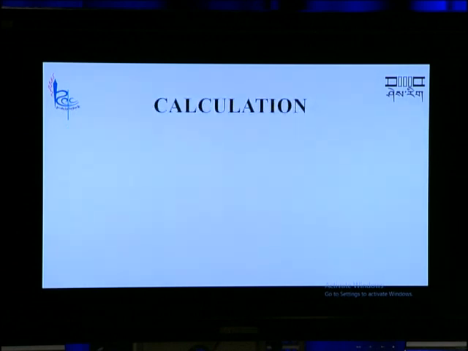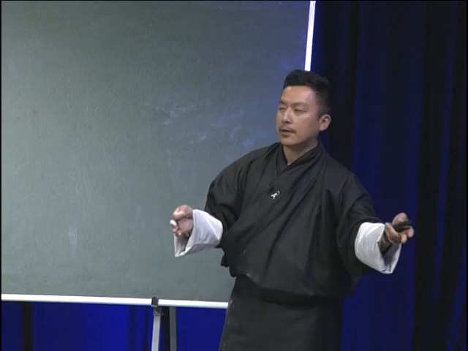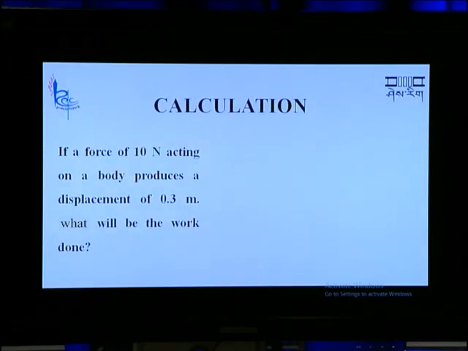The interesting part again here is the calculation. For doing this, almost all the information will be given. You just have to remember the formula. So let's see. If a force of 10 Newton acting on a body produces a displacement of 0.3 meter, what will be the work done here?